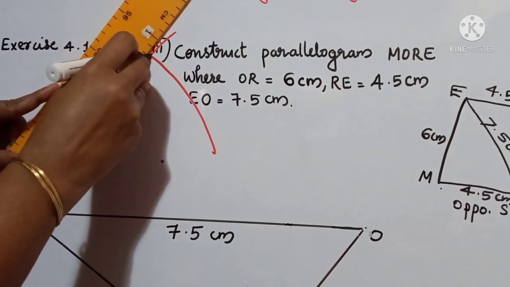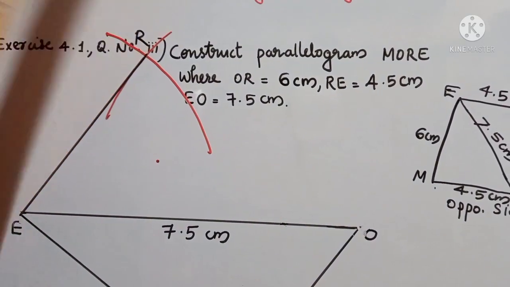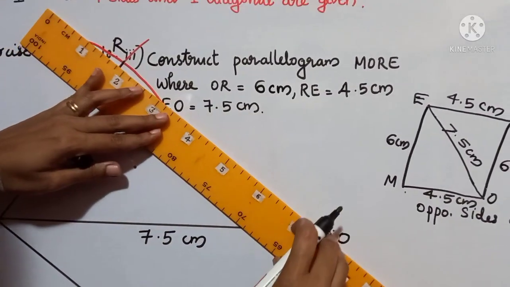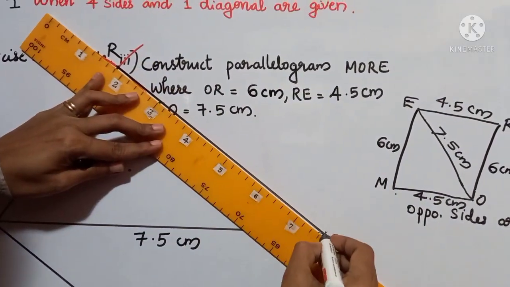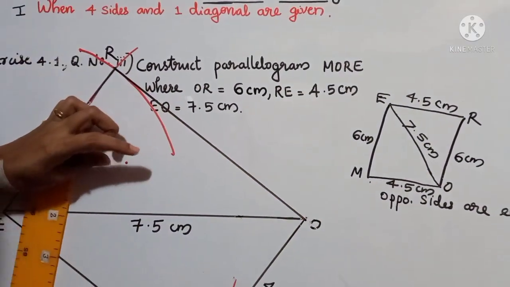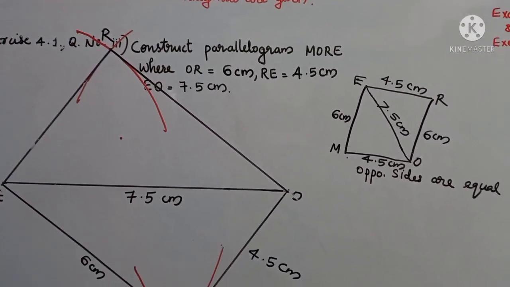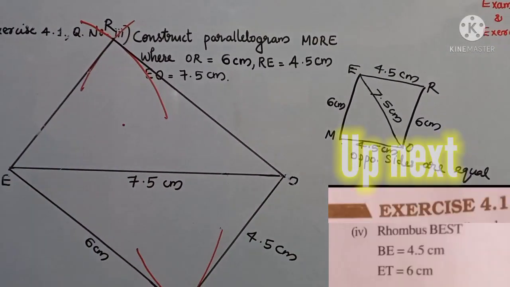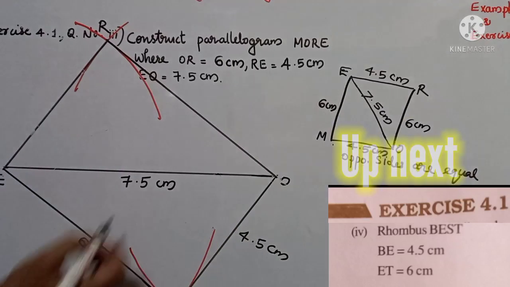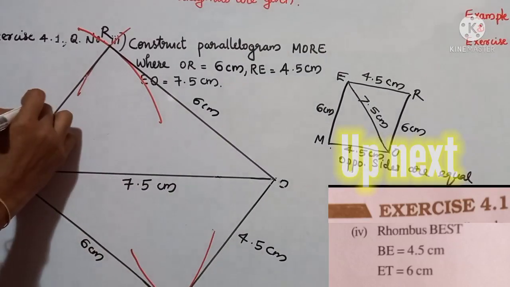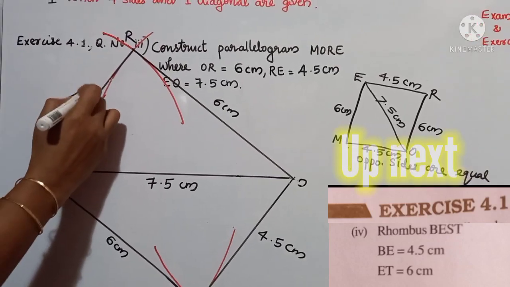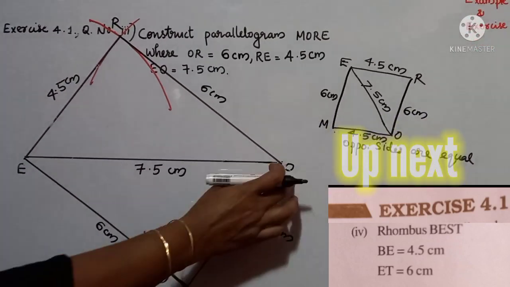E and R we are joining, and here OR also we have to join by using a ruler. Now our parallelogram MORE is ready, and here we have to write 6 centimeter. Opposite sides are equal. Here we have to write 4.5 centimeter. This is the parallelogram MORE.